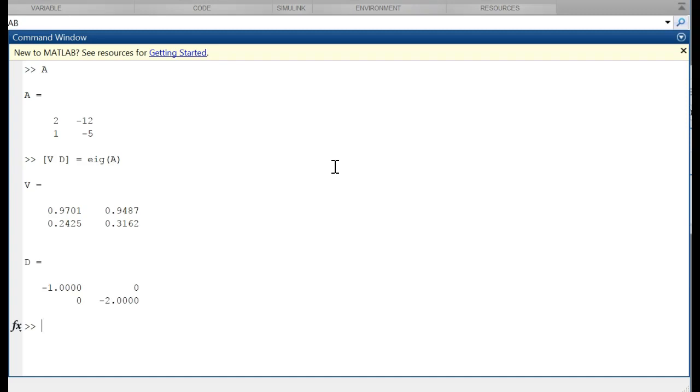So this first column, with the 0.9701, 0.2425, is an eigenvector that corresponds to -1. The other is an eigenvector that corresponds to -2.